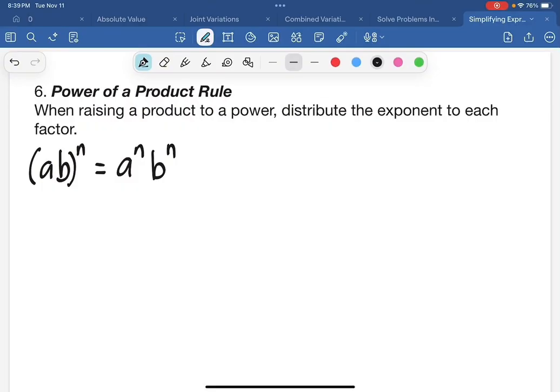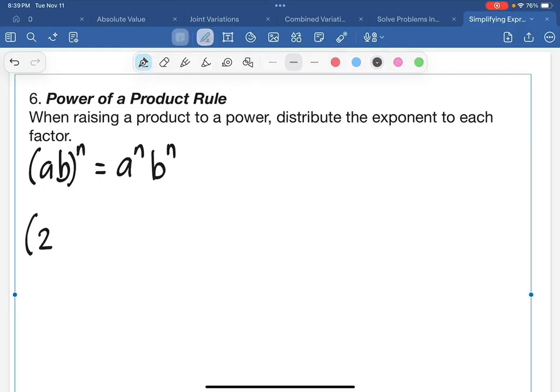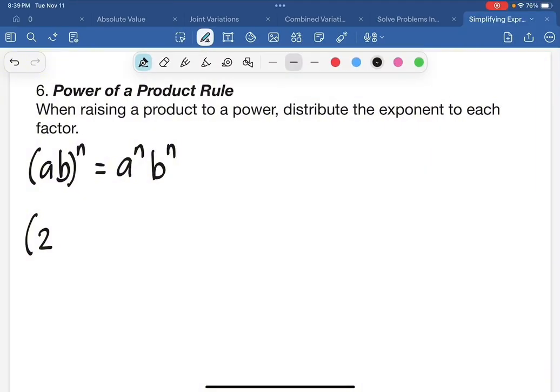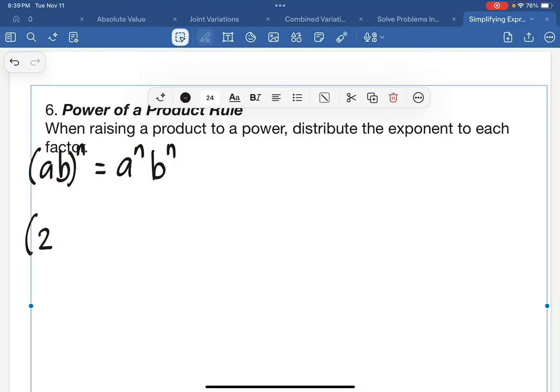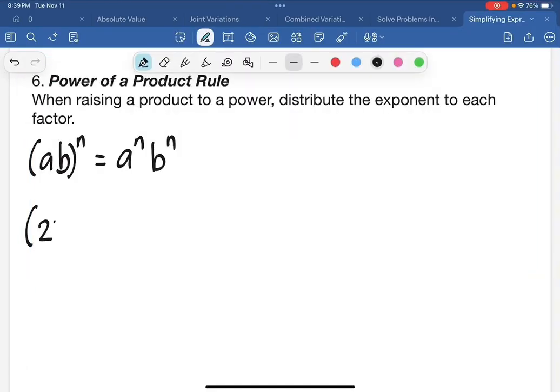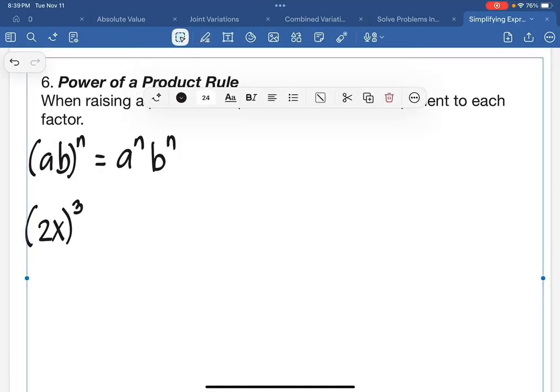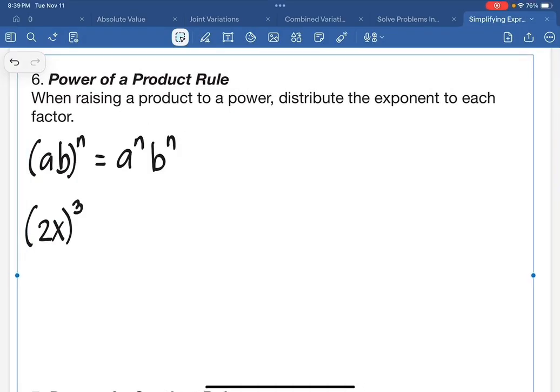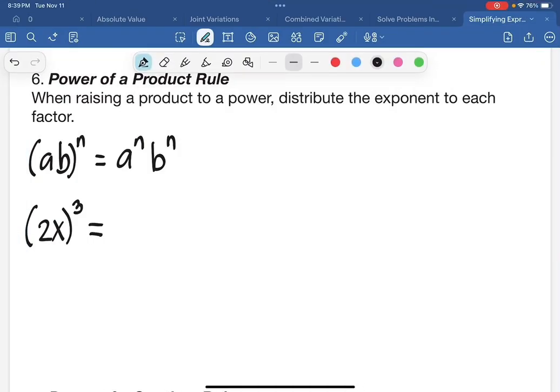Now here's an example. This will involve a variable and its coefficient. So you have here (2x) cubed. Sorry. So again, we distribute the exponent to each of the bases or factors.